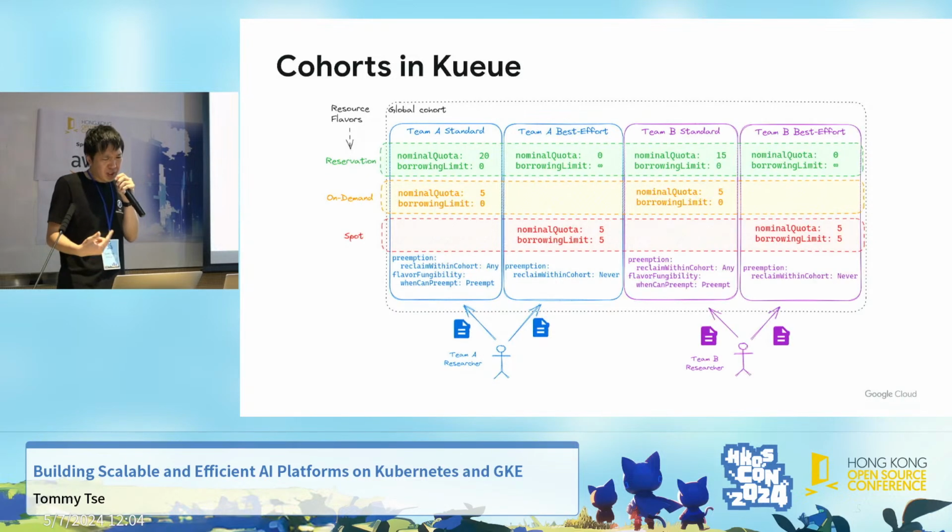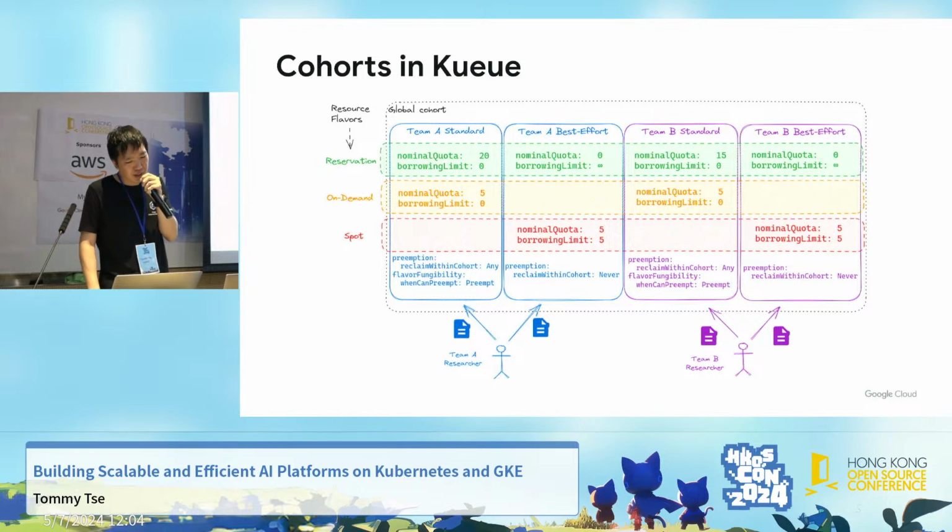You can add different queues, even across team A and team B. And if for any reason team B is not using some of the reserved capacity, team A can borrow the capacity from the other team, to make sure the jobs can run without letting the compute resources sit there not doing anything.